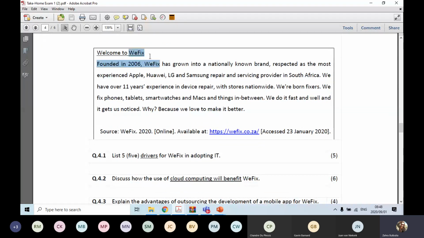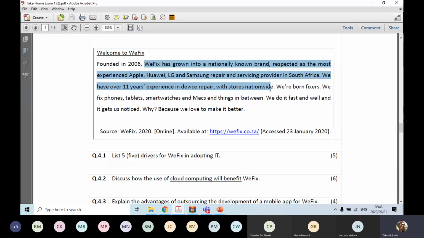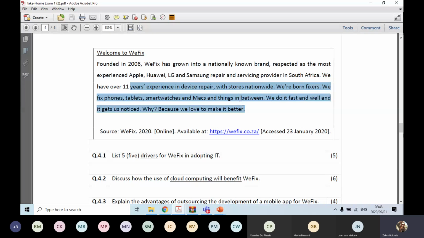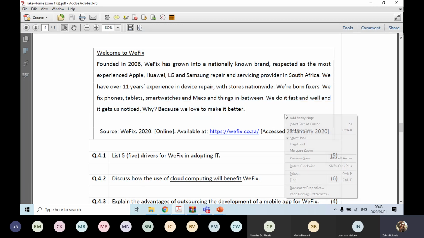WeFix, they seem to love this example. So WeFix has grown into a national brand respected by most experienced Apple, Huawei, Samsung repair servicing providers in South Africa. We have over 11 years experience in device repair with stores nationwide. We fix phones, tablets, smartwatches, Macs, everything in between. We do it fast and it gets us noticed. Why? Because we love to make it better.